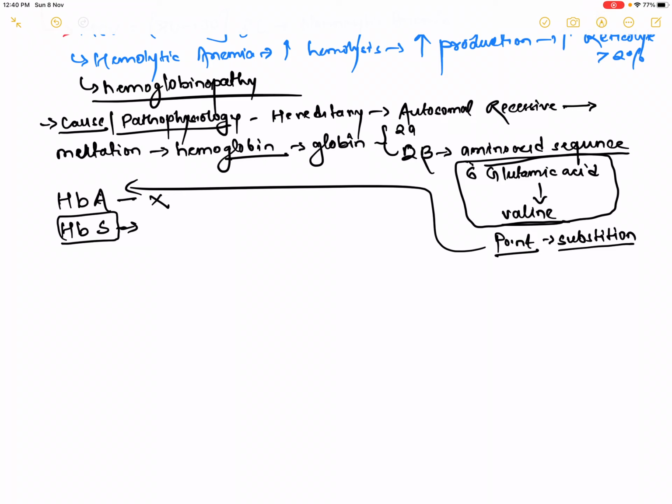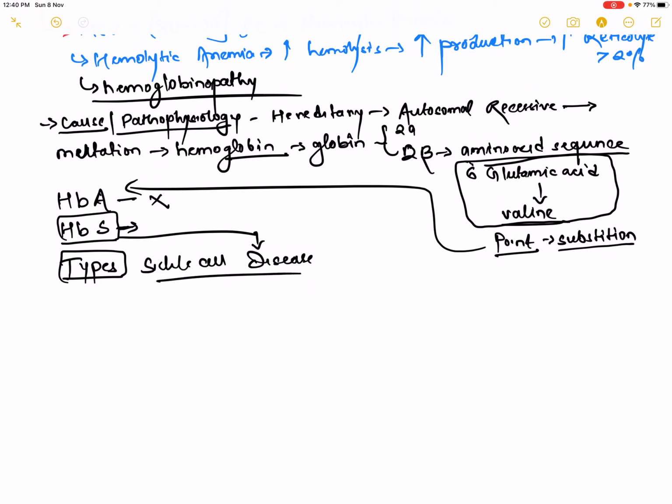So let us now discuss the types of sickle cell anemia based on this HbS. It can be sickle cell disease, or it can be sickle cell trait.